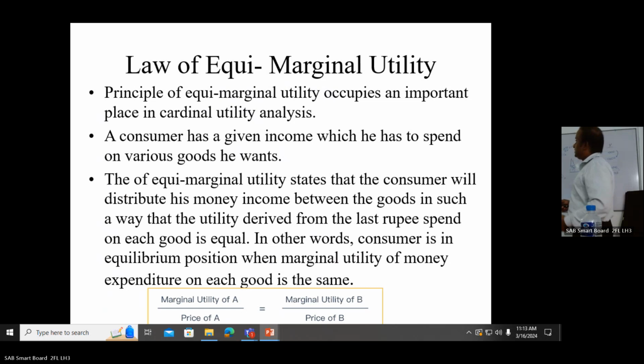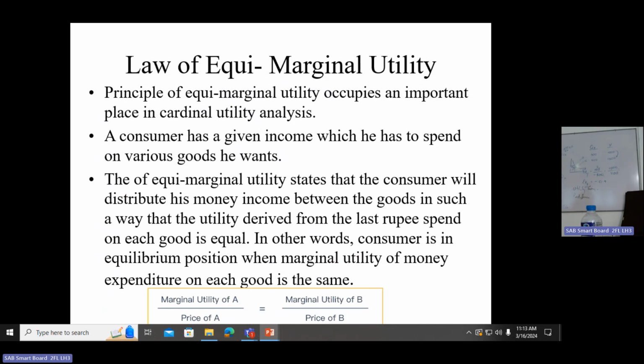So when we explain the equimarginal law, that is another law applied when we explain consumer equilibrium. Because the consumer is buying different goods, he assumes two products, or two bundles of goods.